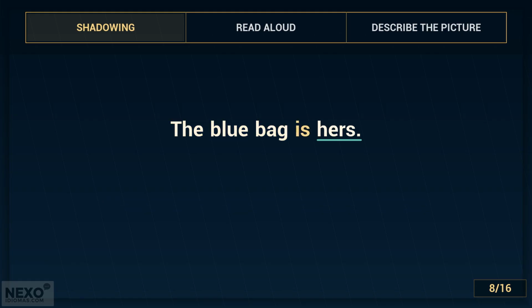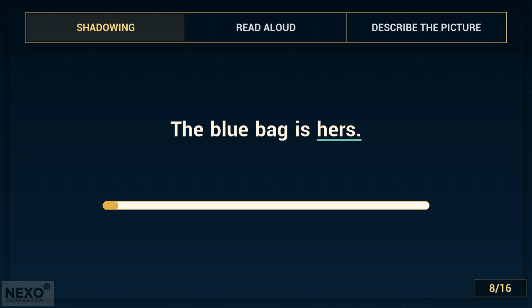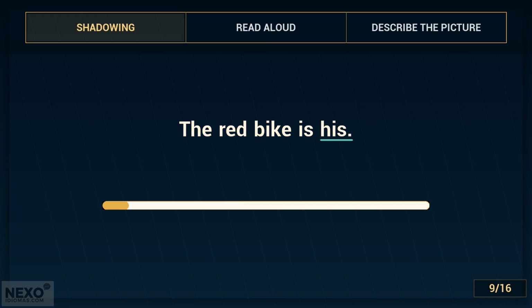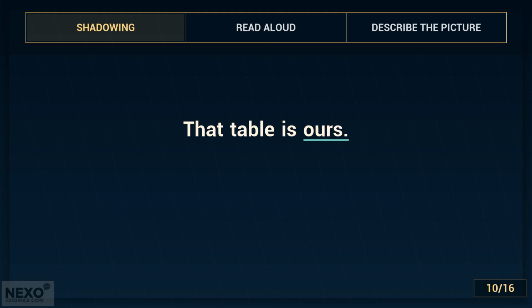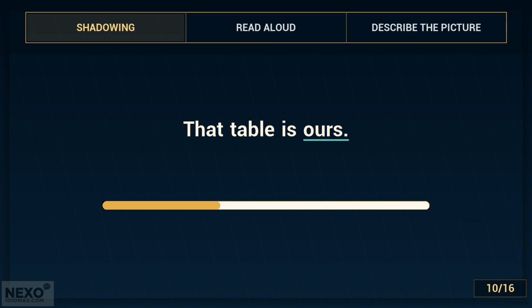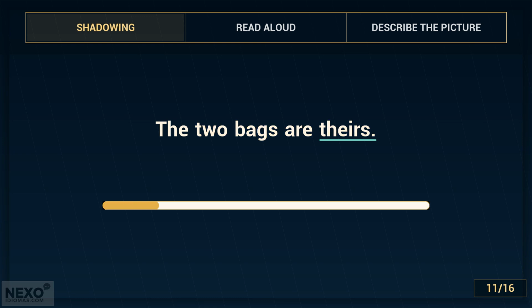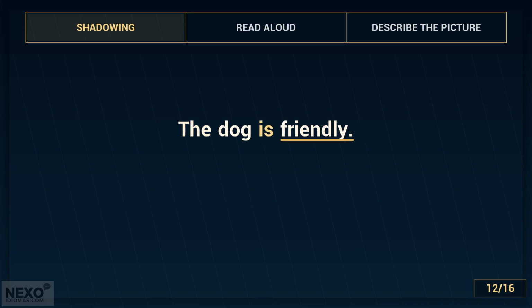The blue bag is hers. The red bike is his. That table is ours. The 2 bags are theirs. The dog is friendly.